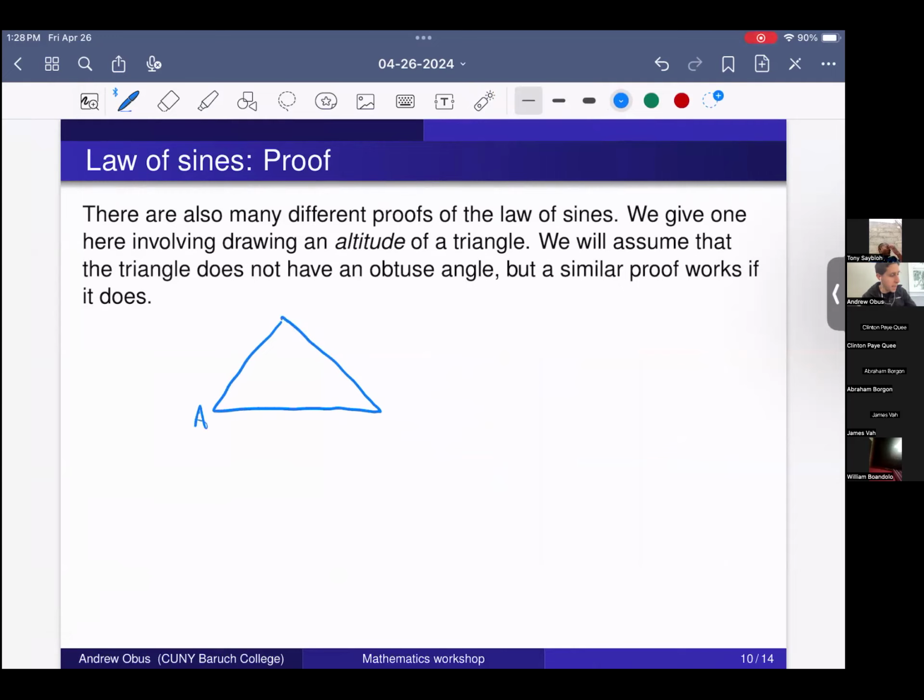So let's say this is A, this is B, and this is C. I'm going to draw an altitude from vertex C down to the side C. This is B, this is A, this is C. And I'm going to call the altitude X.